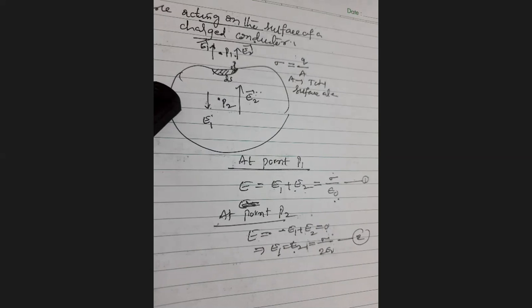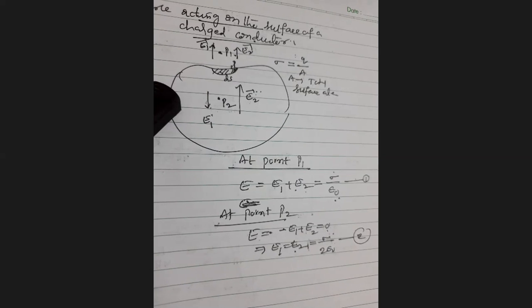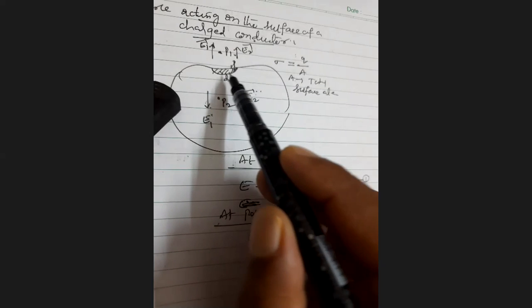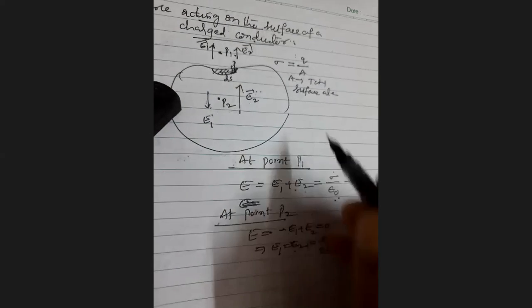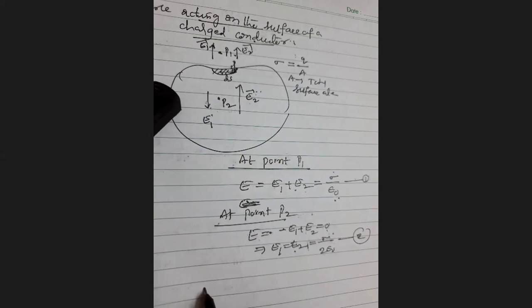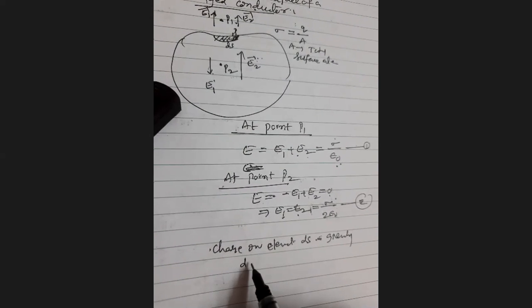This is equation 2. Now, what is the charge on the small area element? That is sigma into ds. The charge on the element ds is given by dq equal to sigma into ds, right?